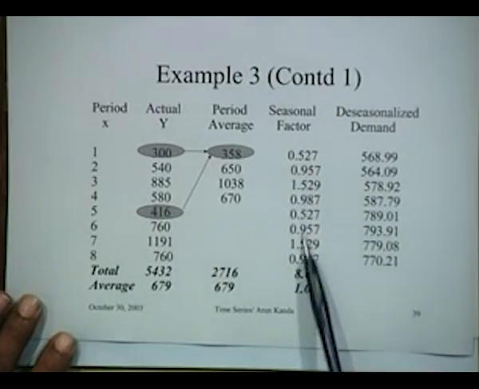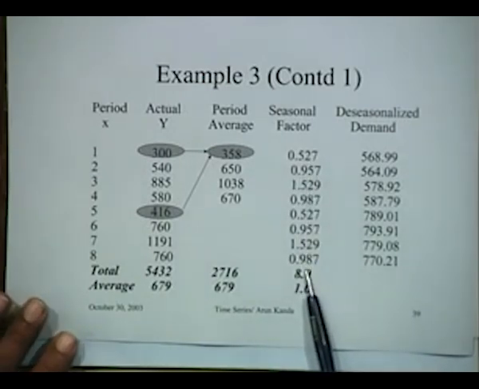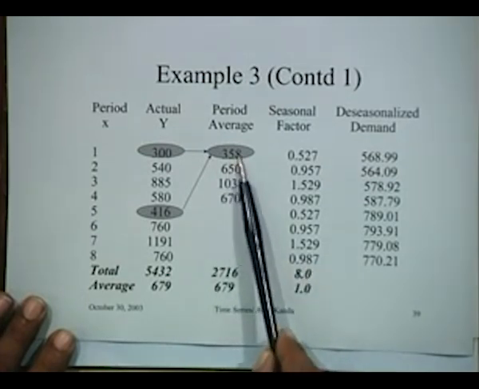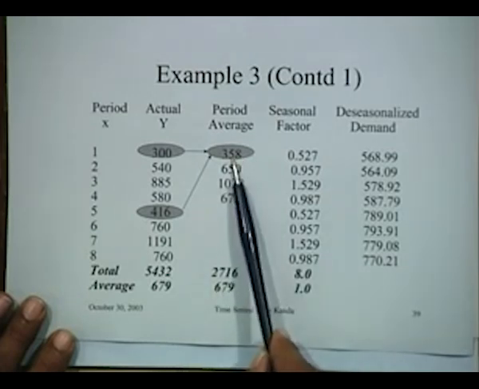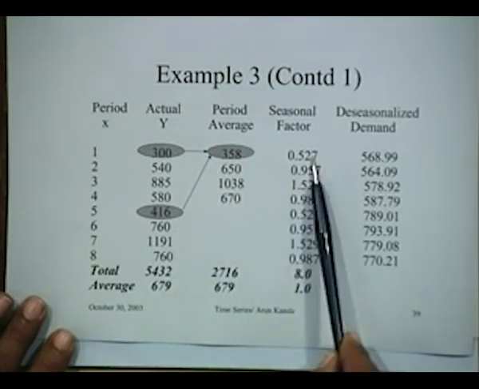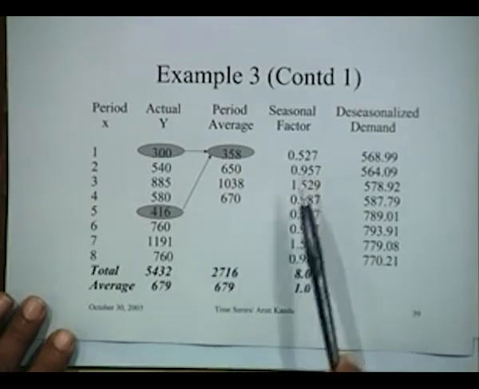Then you can find out exactly the seasonality factors. What would be the seasonality factor? The seasonality factor would in this particular situation be this particular value divided by the average. So 358 divided by 679, 650 divided by 679 is 0.957.